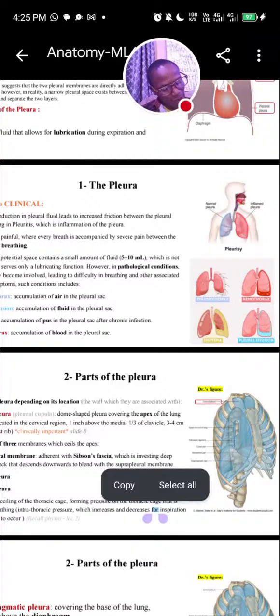I've also learned about the clinical of the cervical pleura or suprapleural membrane, where you need to put the cannula through the right subclavian vein. Good. What else have I learned? I've learned the surface anatomy, where I learned cardiac tamponade.